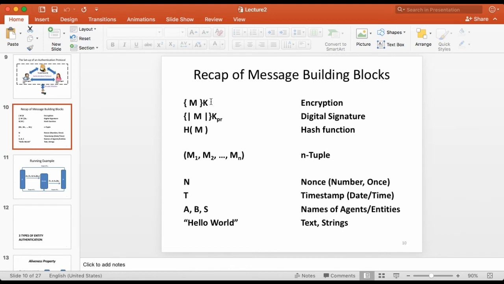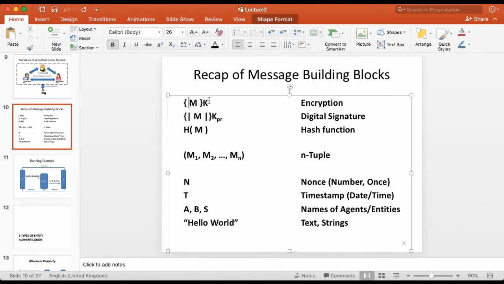First of all, an encryption essentially looks like this: you have a message written between two curly brackets, followed by a key. This implies that the message is encrypted using the key K. Last time we also talked about digital signatures.